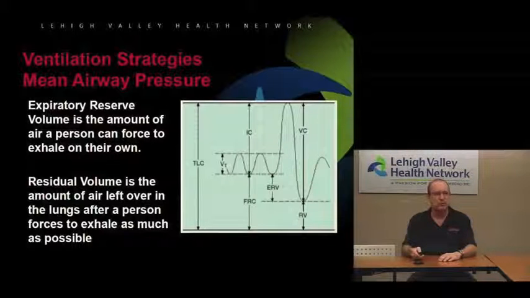Your residual volume is the amount of air that's left over after you forcefully exhale as much as possible. So your residual volume, the only time you're really going to lose that is maybe when you're suctioning the patient, something to keep in mind down the road. So your FRC is really what's there in your lungs after your normal exhalation.